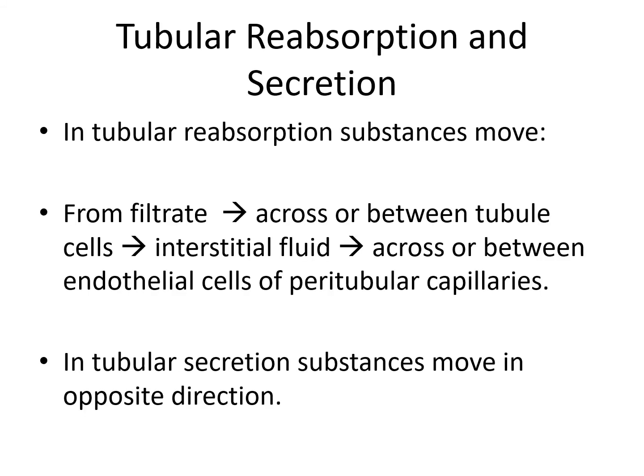Okay, so what happens in tubular reabsorption? Substances move from the filtrate across or between tubule cells into the interstitial fluid, across or between endothelial cells of the peritubular capillaries. Okay, and then now it's in the blood. In tubular secretion, the substance moves in the opposite direction. The arrows go the other way, and it goes back into the filtrate.